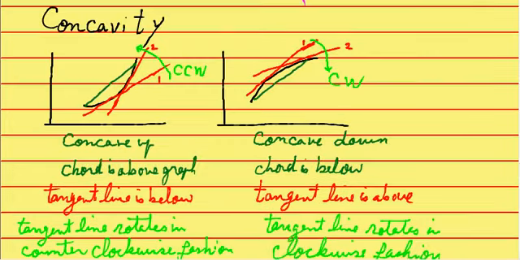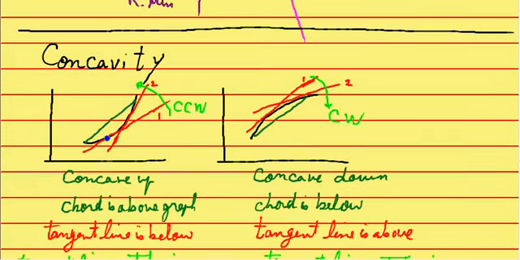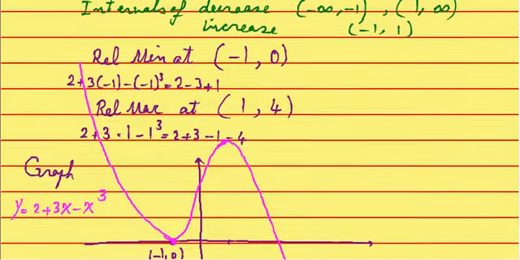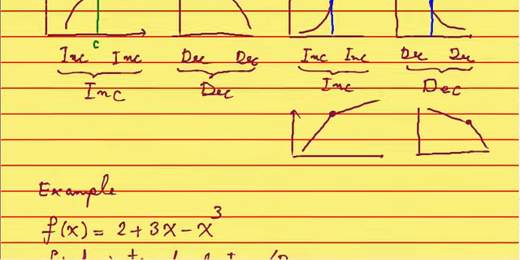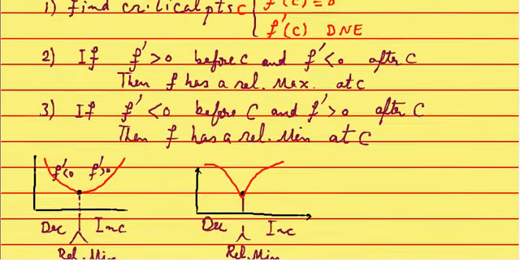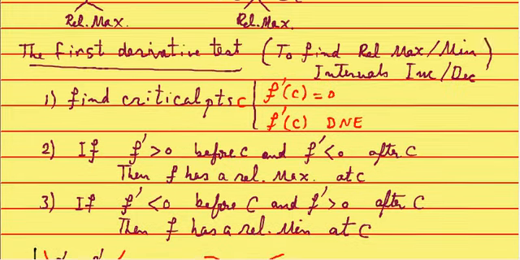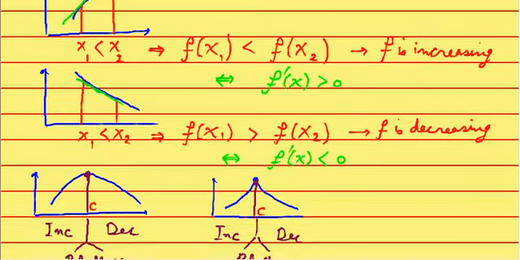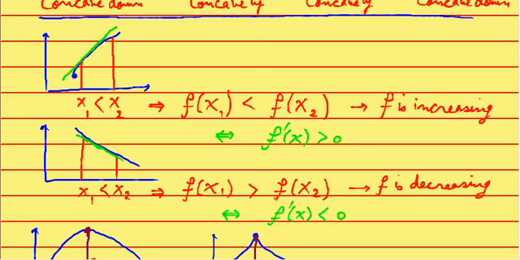Let me repeat again. As we go from 1 to 2, slope increased. A function that is increasing has a positive slope, that we had at the beginning of this lecture. Let's go all the way back. If a function is increasing, any function, if it is increasing, its derivative is positive.